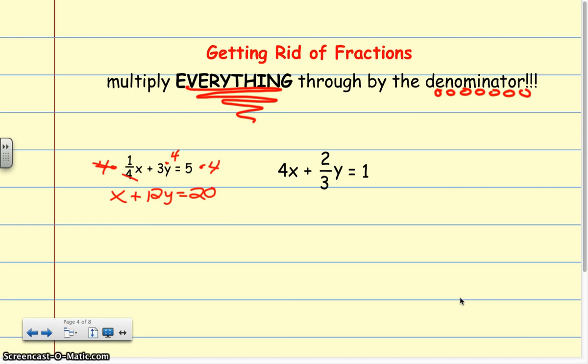I'm going to times everything by the 3 to keep it equal. Right? So 4 times 3 is 12x. It's like timesing by 3 over 1, so this just cancels out, right? So it's plus 2y is equal to 3. There we go. Fractions are gone. Life is easier. True story.